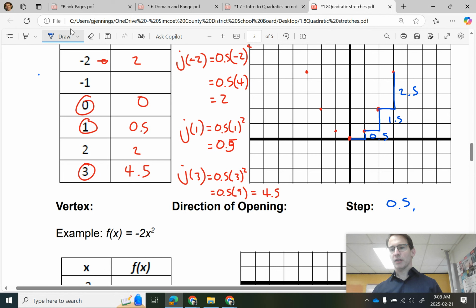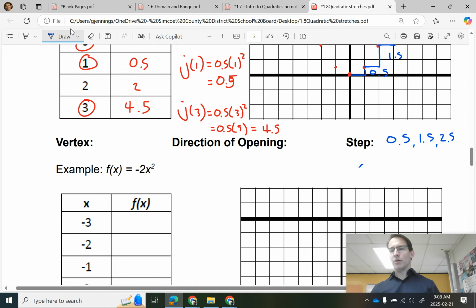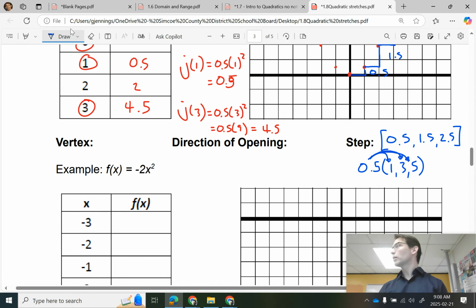Notice that if I do 0.5 times 1, 3, 5, that base step pattern, I get 0.5, 1.5, 2.5 there. So there's my step pattern.